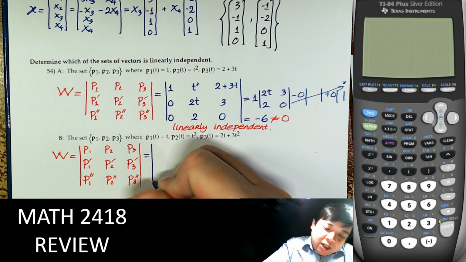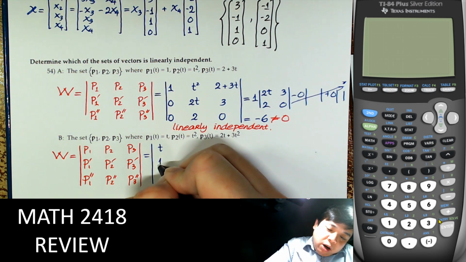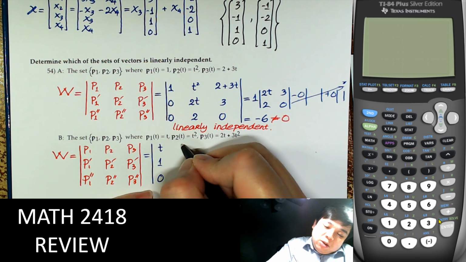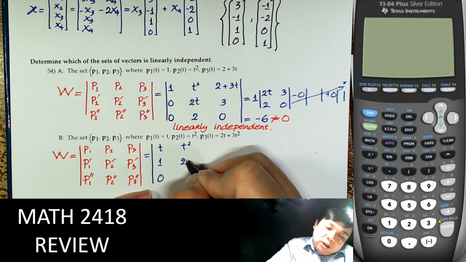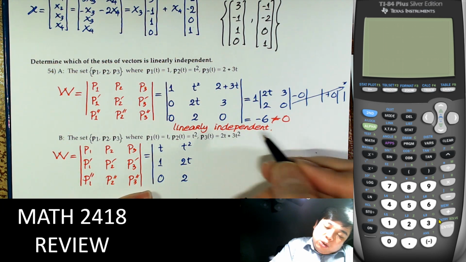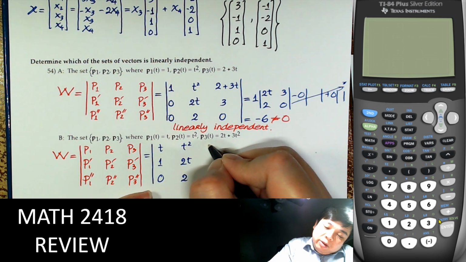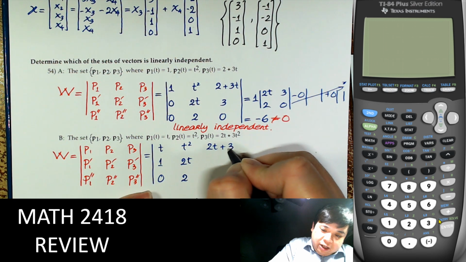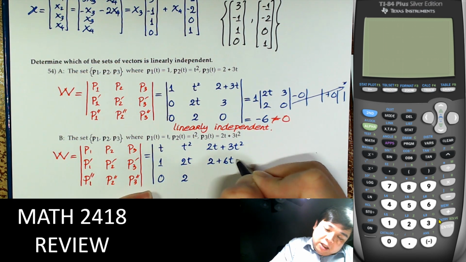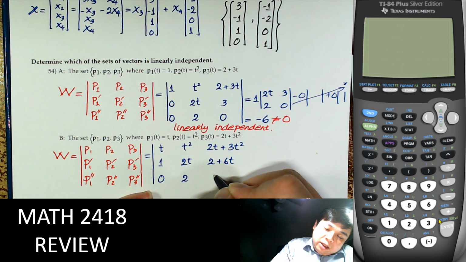The first one is t. The derivative of t is 1, and the derivative of that is 0. The next one is t squared, so 2t and 2. The last one is 2t plus 3t squared. The derivative will be 2 plus 6t, and the derivative again will be 6.